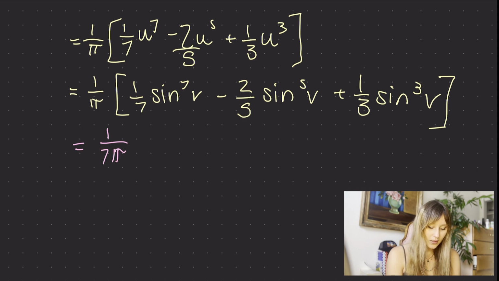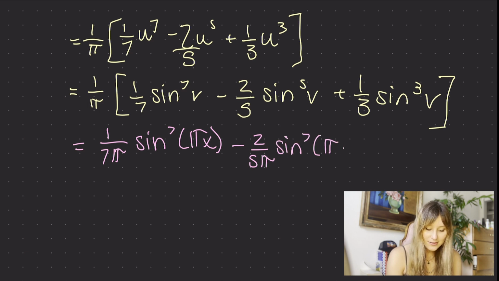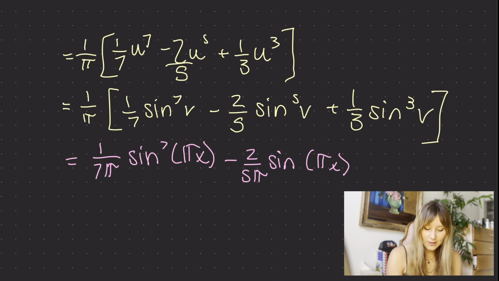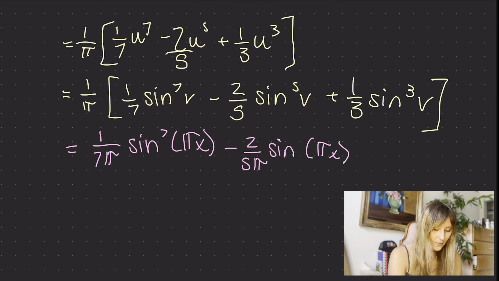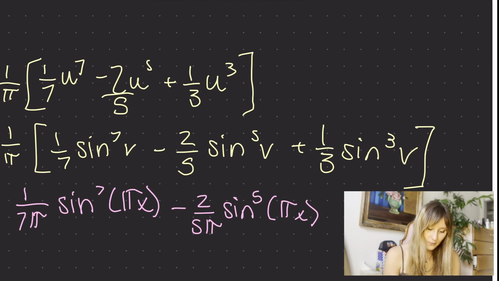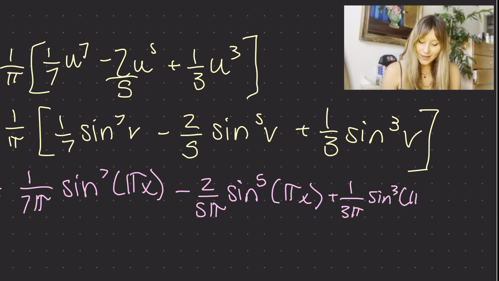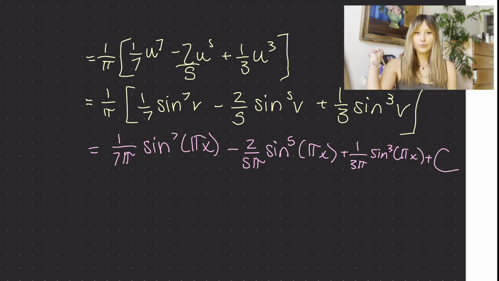Here we get 1 over 7 pi sine to the 7th of pi x minus 2 over 5 pi sine to the 5th of pi x. Plus 1 over 3 pi sine to the 3rd of pi x plus c, period.